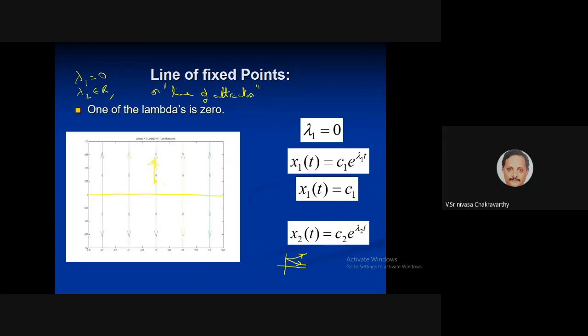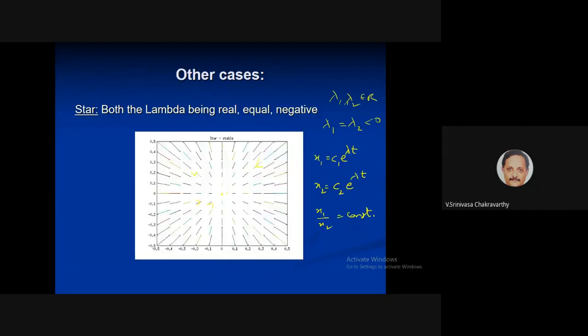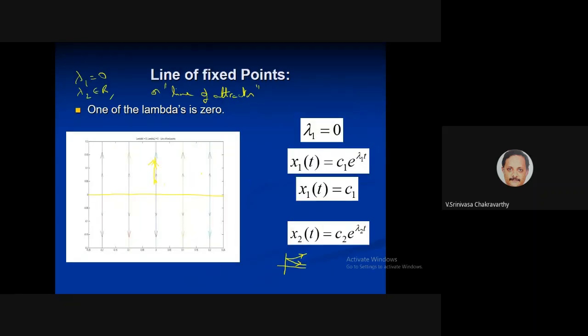So in the previous cases we found a point can be an attracting point or a repelling point. If it is stable, it's attracting. If it's unstable, it's repelling, right? In this case, it's a weird situation where the entire line can be a repellent, pushing all flow away from it, or can be an attracting line where the entire line attracts flow towards it.